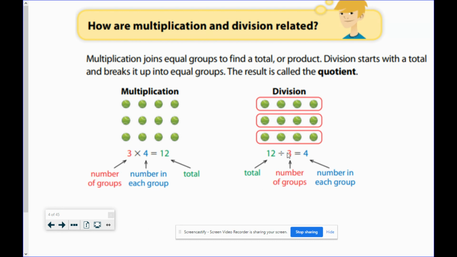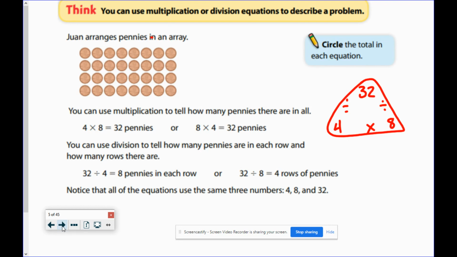So the multiplication problem and the division problem go together to represent the same picture, just looking at it different ways. We can use multiplication and division equations to describe a problem. Let's look at this model. Juan arranges pennies in an array. There's 4 rows of pennies, and he put 8 in each row.